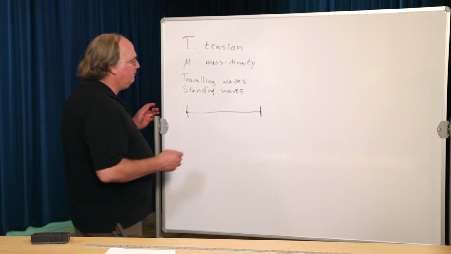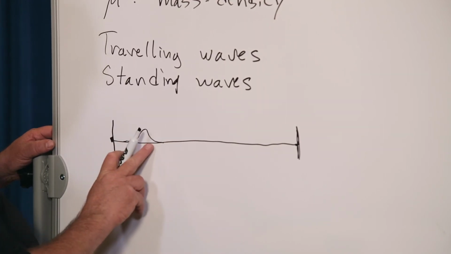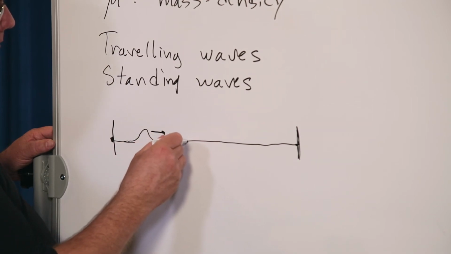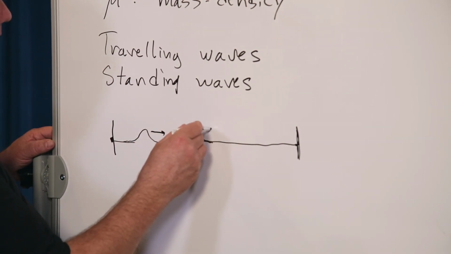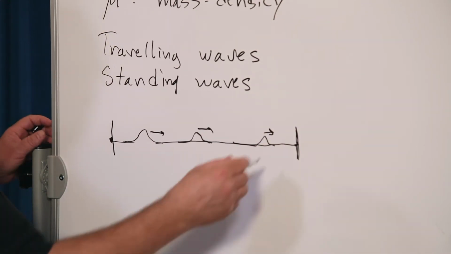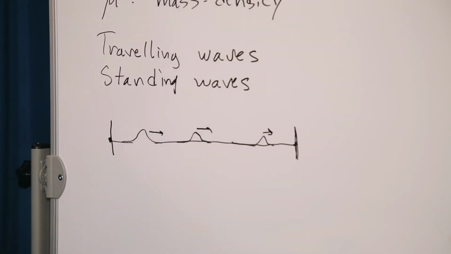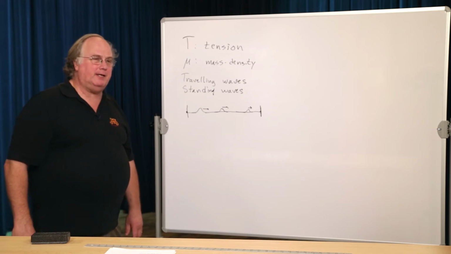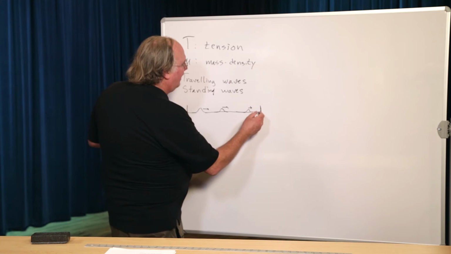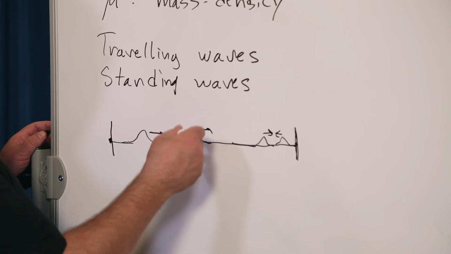You can make waves in the middle of the string. They're just disturbances that travel down the string, until they hit the wall, and then they bounce back. And it turns out that if the string is tied rigidly to a wall, when they bounce back, they are going up if they were going up when they hit the wall.